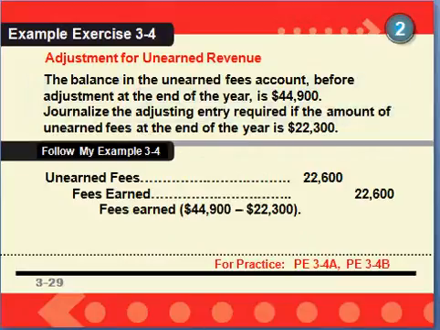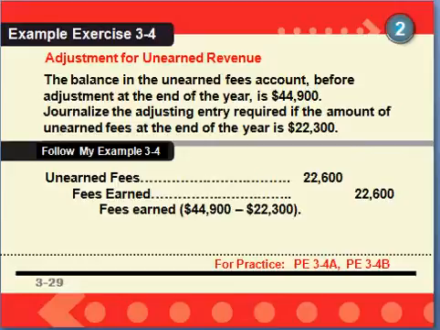This is practice exercise 3-4 on page 108. It says the balance of unearned fees account before the adjustment at the end of the year is $44,900, and this is from our unadjusted trial balance. It says to journalize the adjusting entry required if the amount of unearned fees at the end of the year is $22,300.